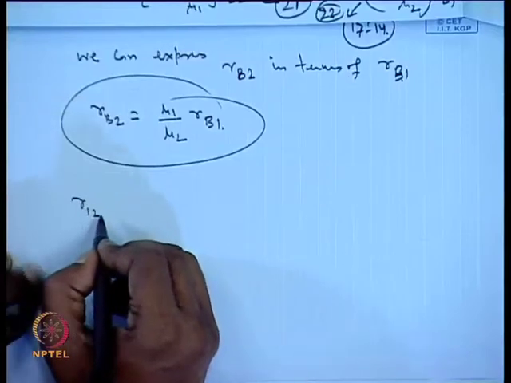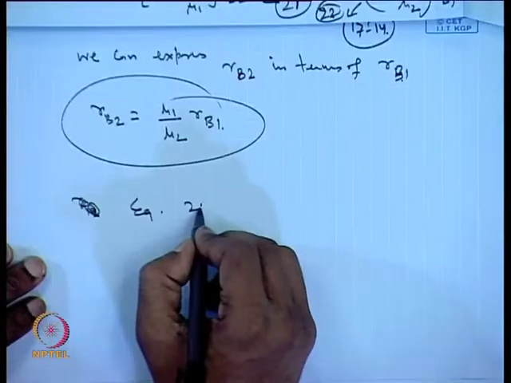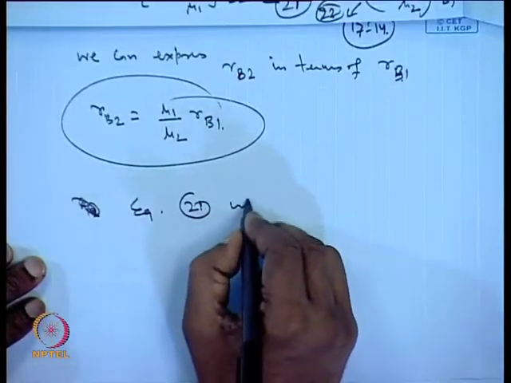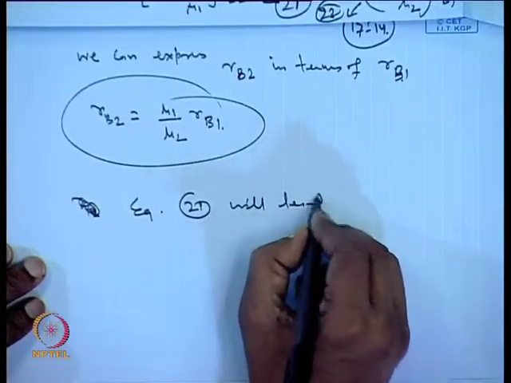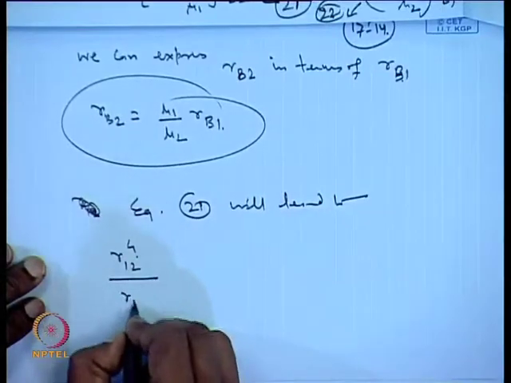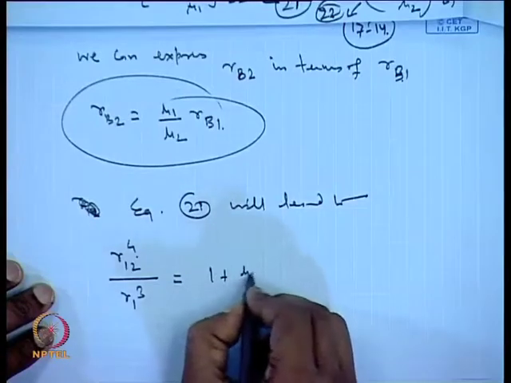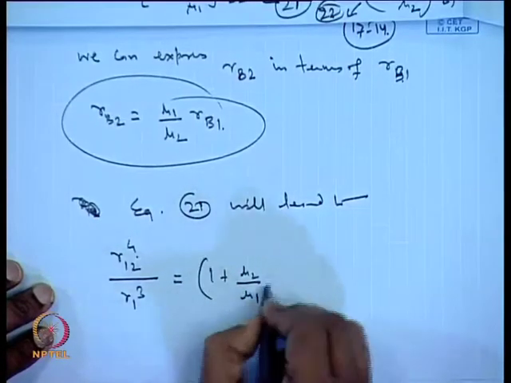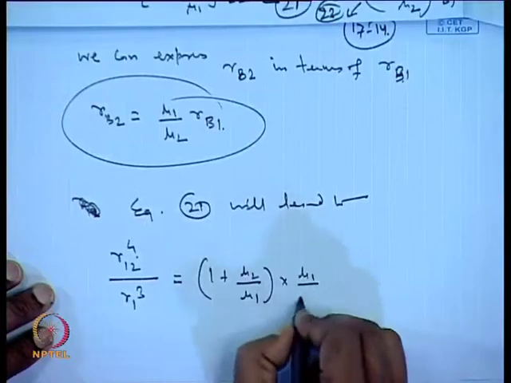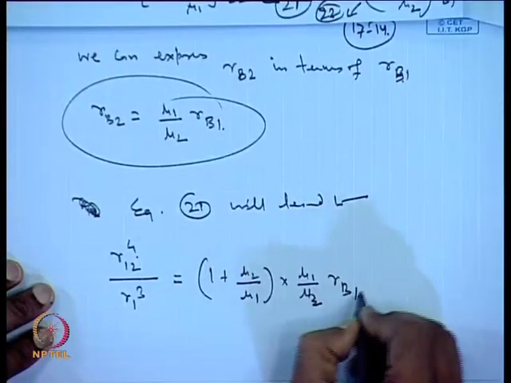So, equation 21 will lead to R12 to the power 4 by R1 cube. This becomes 1 plus mu 2 by mu 1 times mu 1 by mu 2 times RB1.